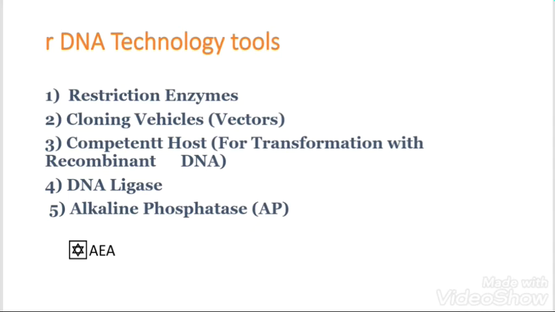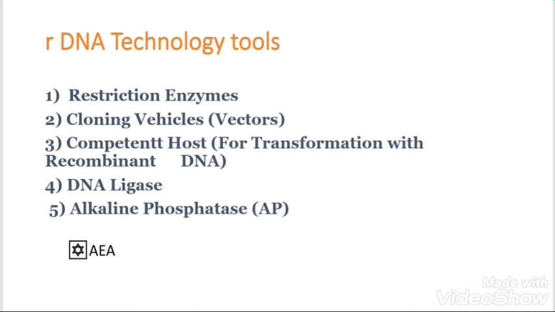In rDNA technology there are 5 types of tools. You have to remember mainly 4 types, and one more, the fifth one, alkaline phosphatase, is also added in this topic.